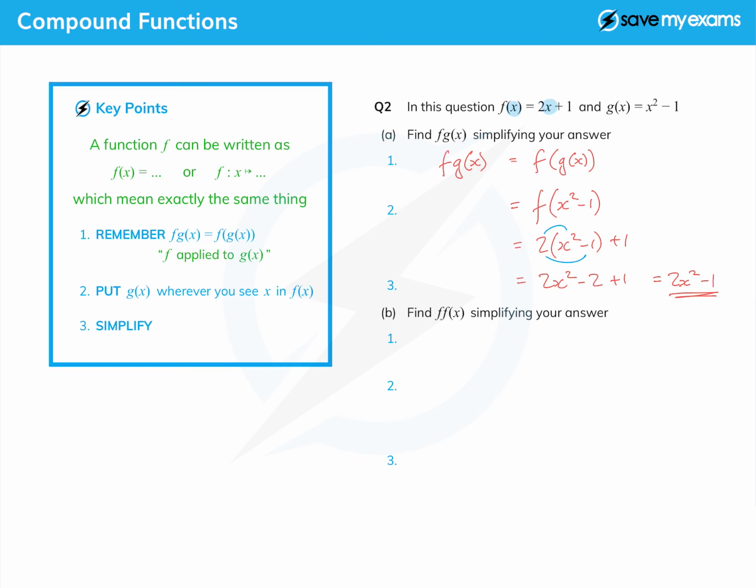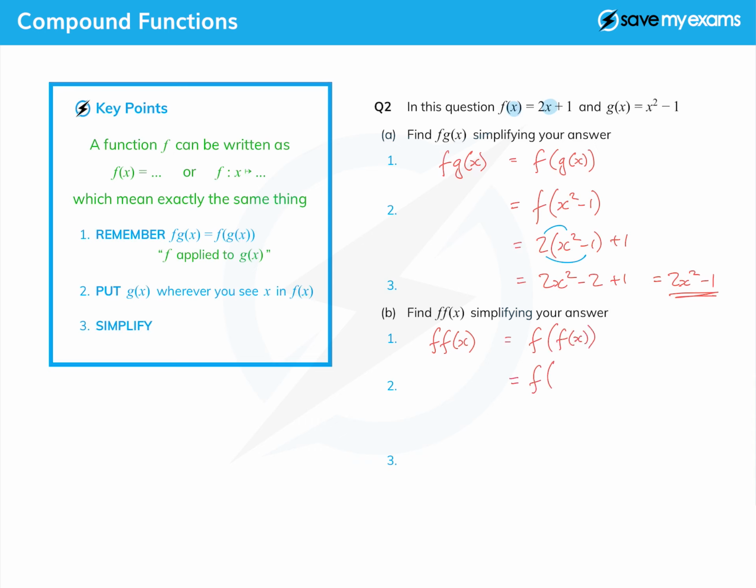Now, this part B is a bit different. It says find ff of x. Well, just by the same process, we can say ff of x logically should be f applied to f of x, and indeed it is.